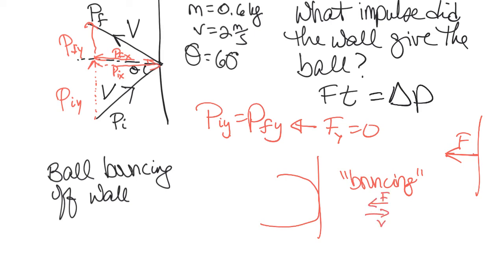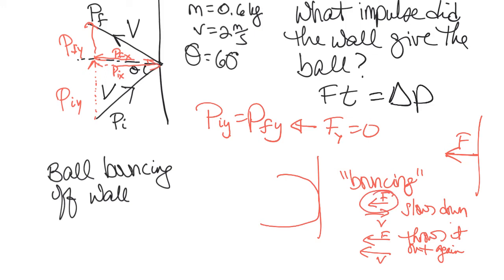When the ball is moving to the right and the wall is exerting a force to the left, it slows it down. But then it actually throws it out again. And that force is also in that direction. So we get a force that slows it down, and then it has to keep exerting a force to throw it out again, to give it that momentum in the other way.